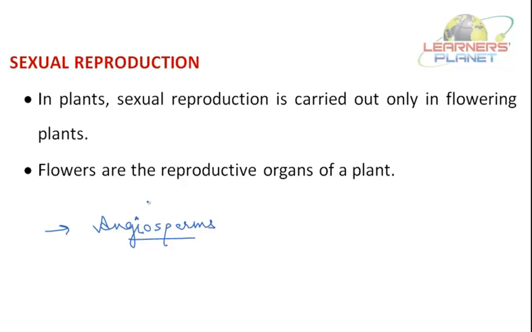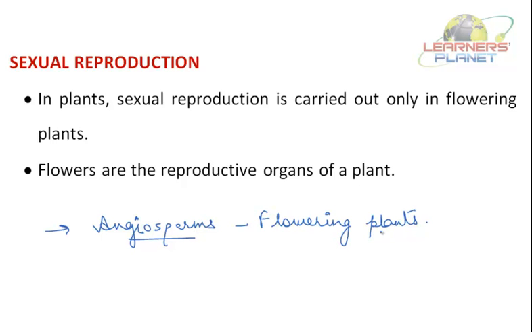Angiosperms are commonly known as flowering plants. This is a new term for you which you have to keep in mind. The flowering plants basically reproduce by sexual reproduction.